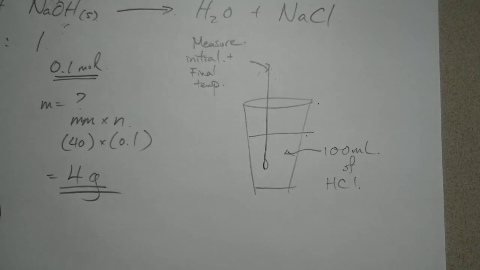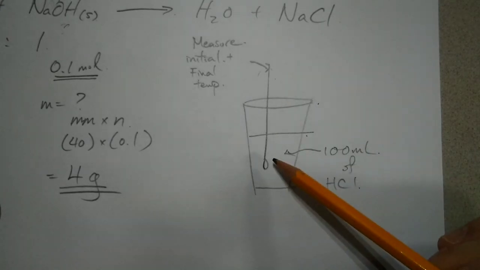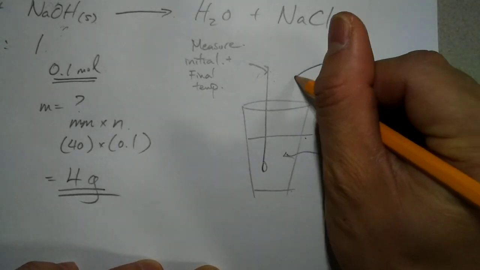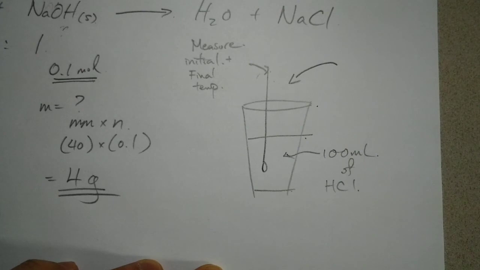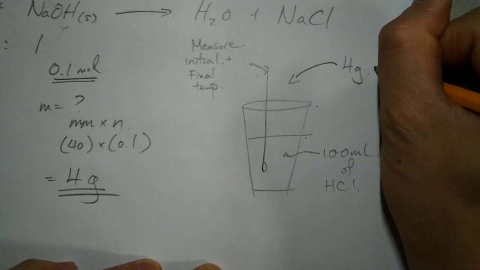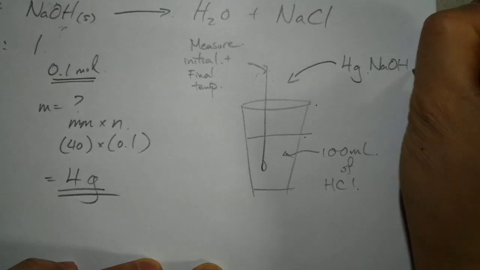Because right now the acid is at room temperature, whatever it is. After you throw the base in, it's going to heat up. But if you don't measure the temperature before, you don't know how much it went up by, right? So you need to measure the temperature before. After that, you're going to use the electronic scale over there and measure out 4 grams of NaOH.